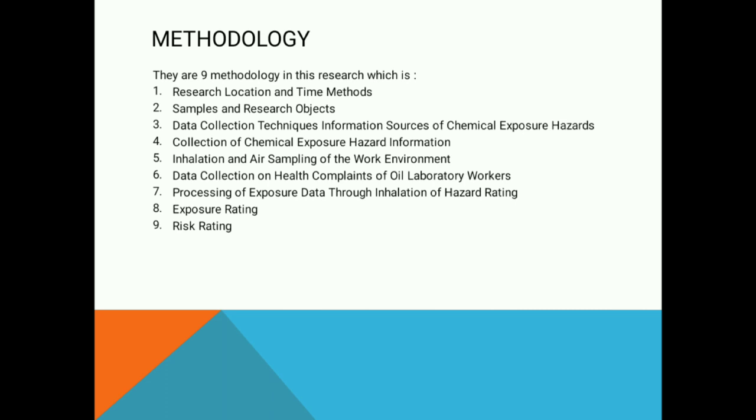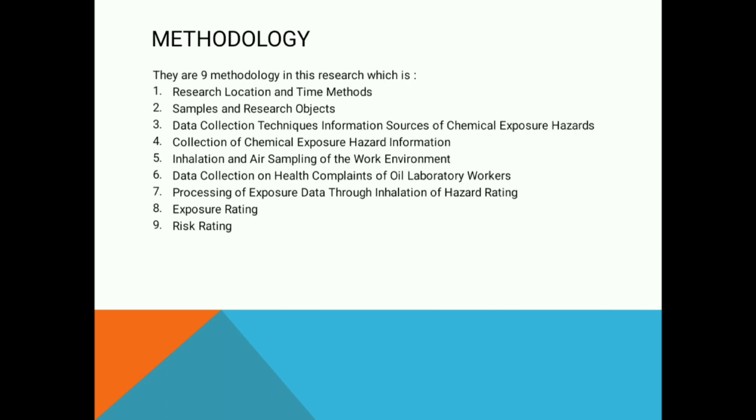Fourth, collection of chemical exposure hazard information. The exposure hazard information of the organic chemicals benzene, toluene, and xylene was based on the characteristics of the chemical, the hazard level of the chemical, the frequency and duration of use of the chemical, the route of inhalation exposure, and the toxicological information of the chemical.